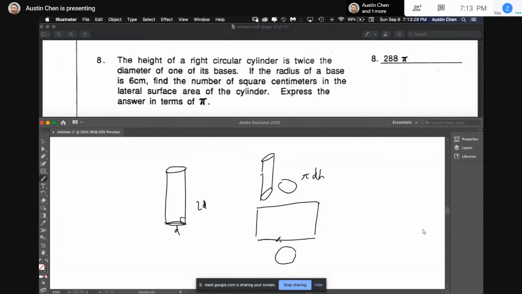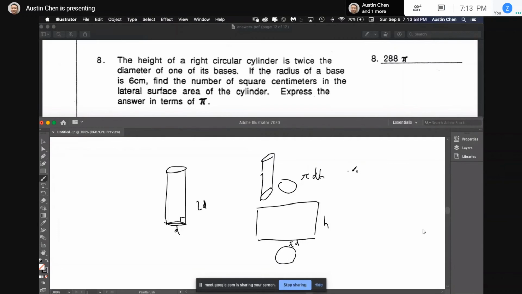This side of the rectangle goes all the way around the circle, so it equals the circumference of the circle, which is pi times the diameter. And this is just the height of the cylinder. So the area of this rectangle is pi d times height. That's how you can prove the lateral surface area formula for a cylinder.